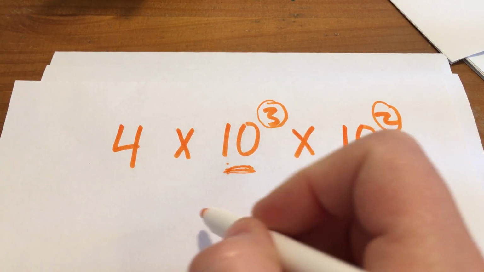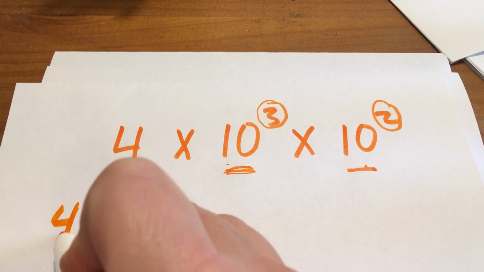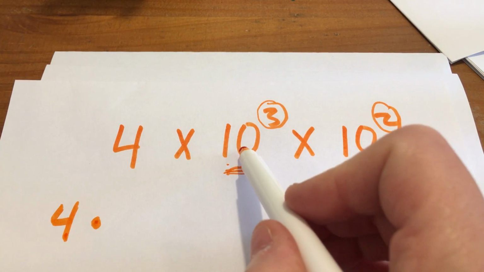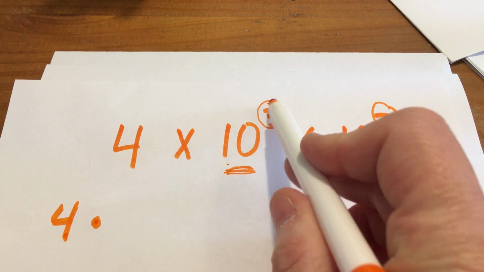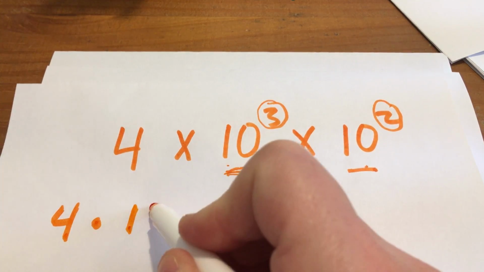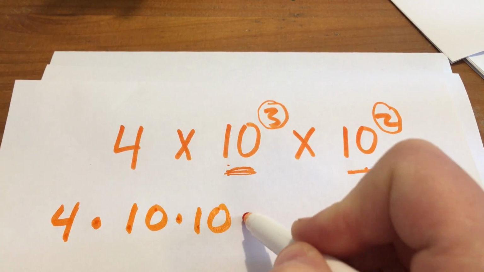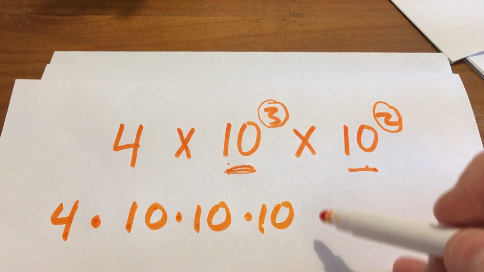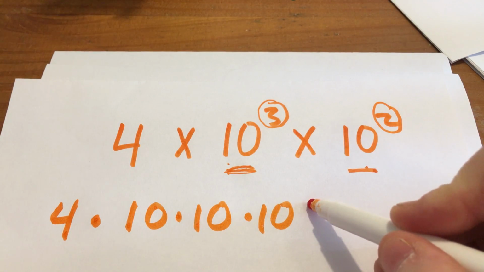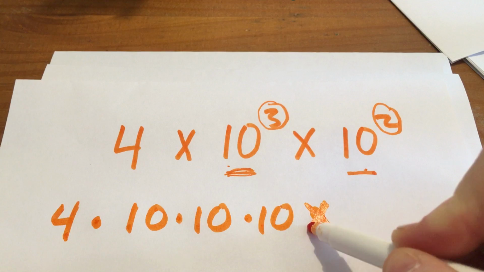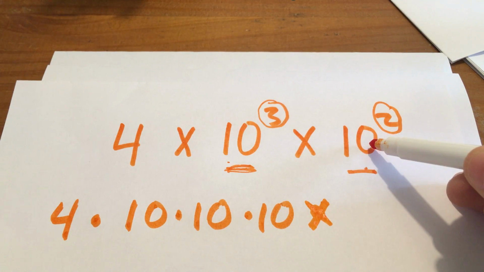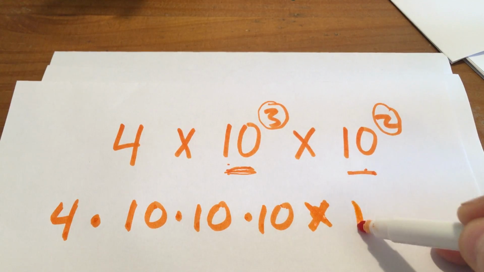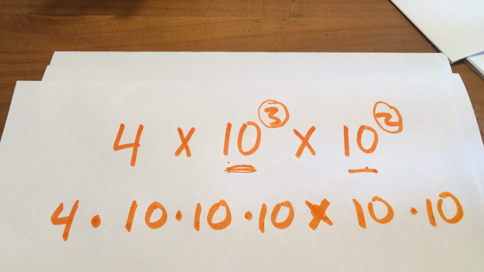If I write this out the long way, it would be 4 times 10. How many times am I going to multiply 10? 3 times. Times 10, times 10, times 10. And then I'm going to multiply it again. How many will I multiply 10 this time? Twice. Times 10, times 10.